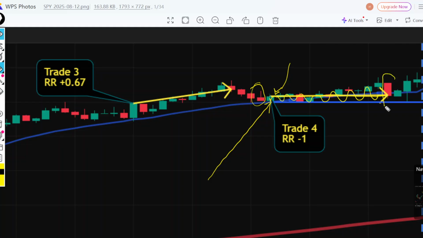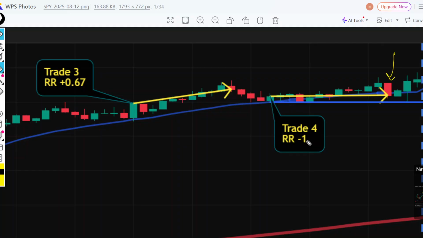On this big bear red candle, we can close our position. It has closed below our 20 period moving average, and it's a strong bearish candle.